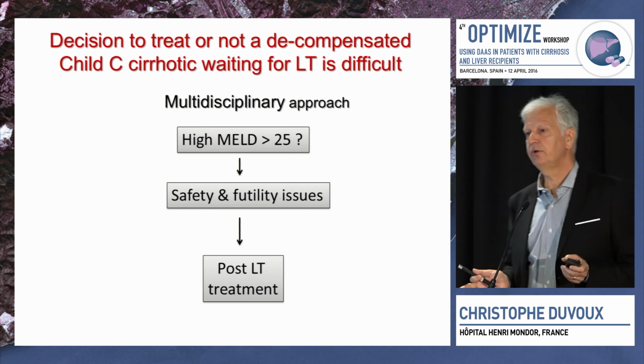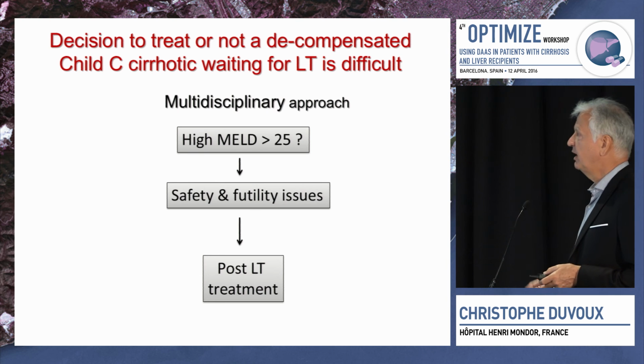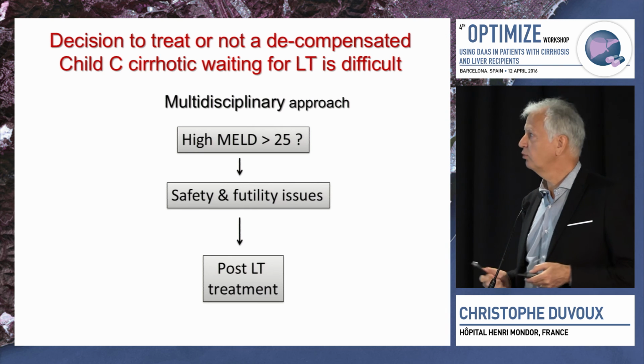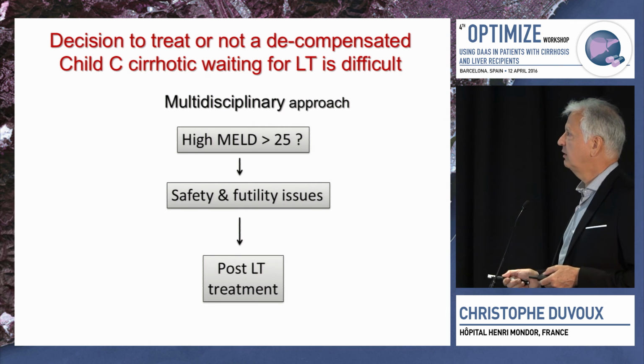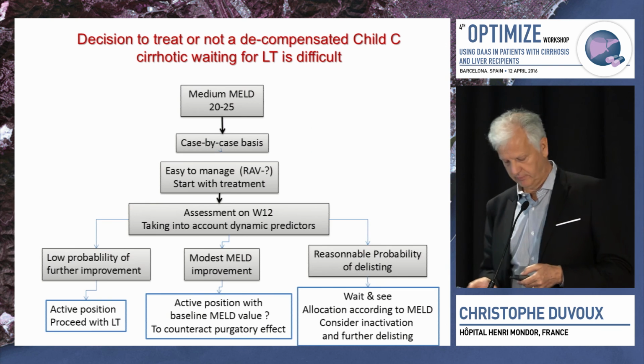So, just to conclude, I suggest, this is just a suggestion, three different scenarios. Anyway, the decision to treat or not a decompensated Child cirrhotic patient waiting for transplantation is a difficult one and should be considered with a multidisciplinary approach. For patients with high MELD, higher than 25 at that time, I don't know if it's the right cutoff, we suggest that for safety and utility issues, clearly this patient should benefit from treatment post-transplant.